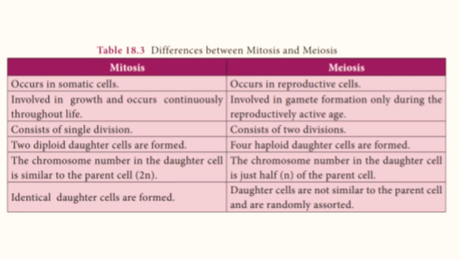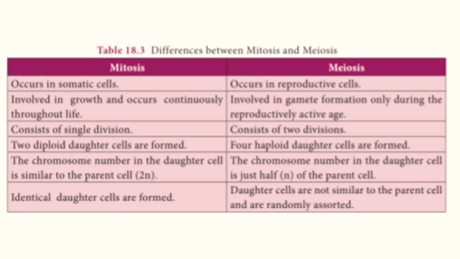Then mitosis consists of only a single division, but meiosis consists of two divisions, namely meiosis 1 and meiosis 2. Two diploid daughter cells are formed in mitosis, and in meiosis at the end 4 haploid daughter cells are formed. Then the chromosome number in the daughter cell is similar to that of the parent cell, that is diploid in mitosis.